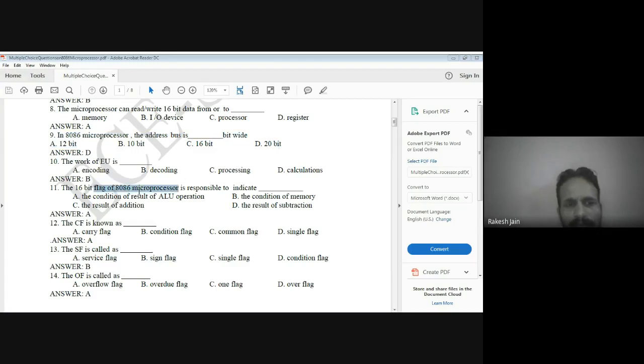The 16-bit flag register of 8086 microprocessor is responsible to indicate, definitely it is related with the arithmetic and logic operations, so the answer is A.